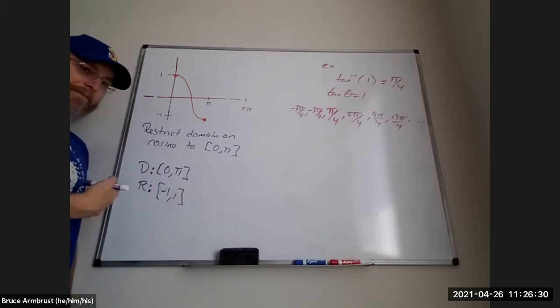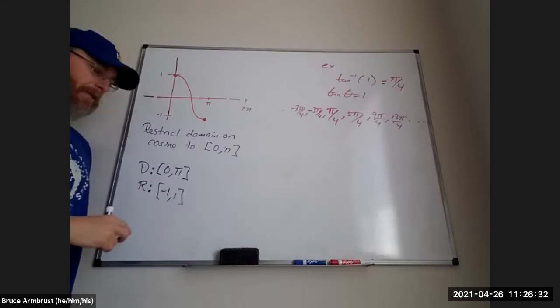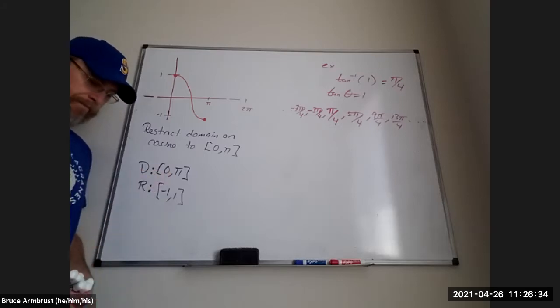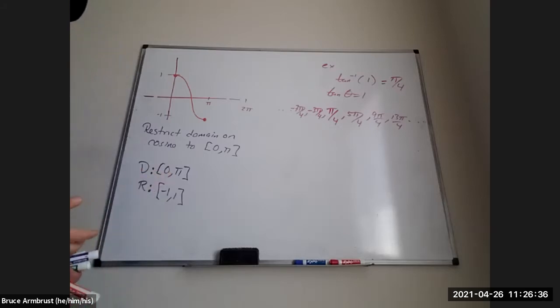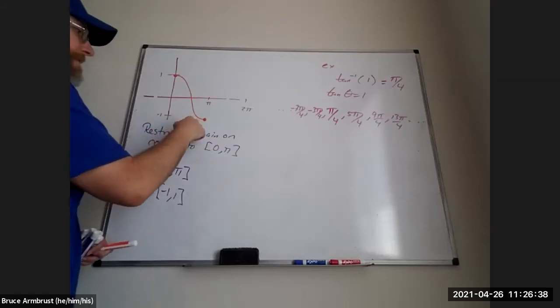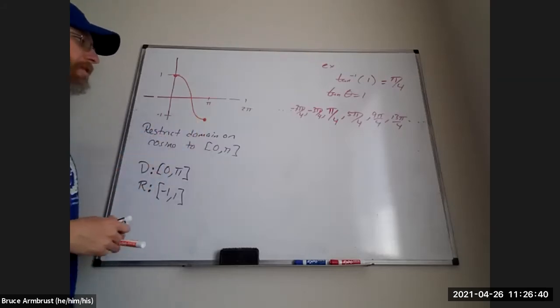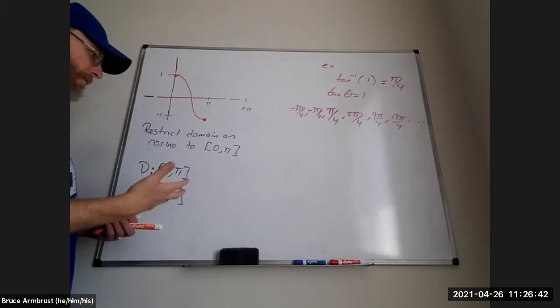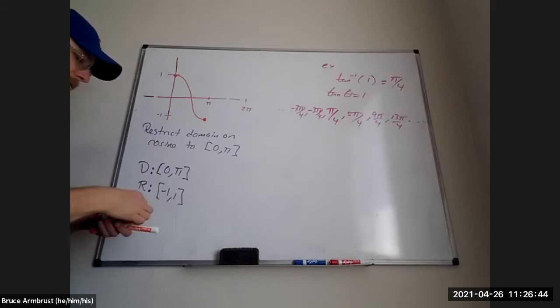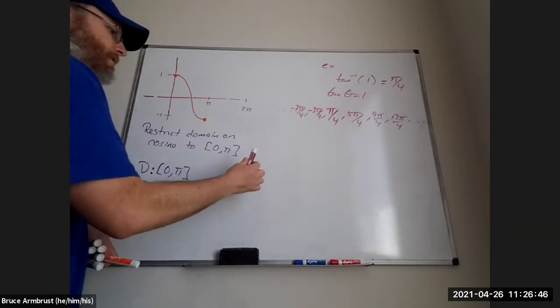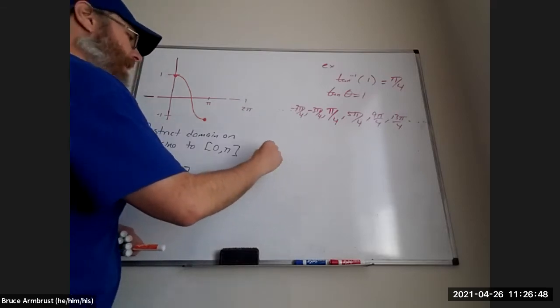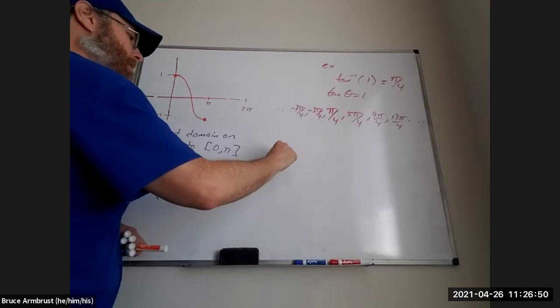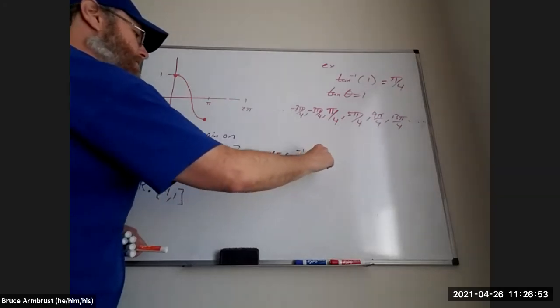So we didn't eliminate any of the range of cosine, we just restricted its domain. All right, well, it's this thing that we're going to use to create our inverse function. Okay, so let's start making a little fact sheet about cosine inverse.